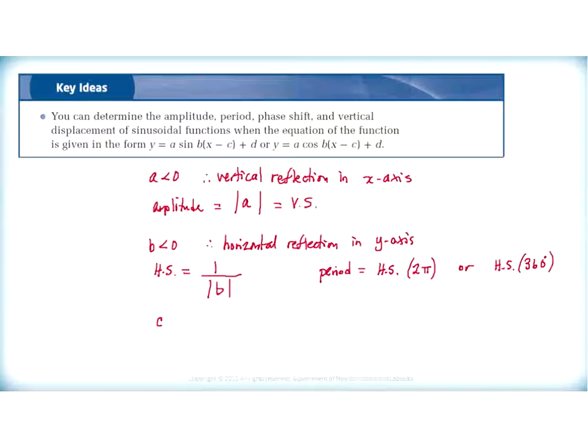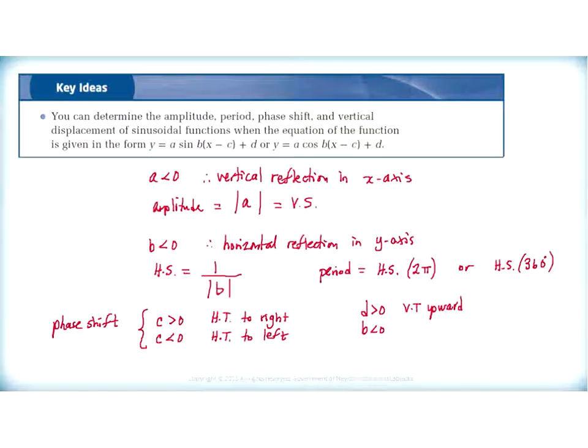The value of c, if c is greater than 0, you have a horizontal translation to the right, which represents the phase shift. If c is less than 0, you have a horizontal translation to the left. And in either case, this represents the phase shift of the base graph of the function. And then similarly, if you have d greater than 0, you have a vertical translation upward.